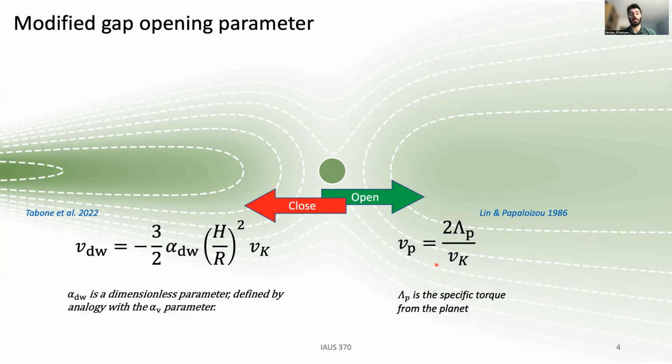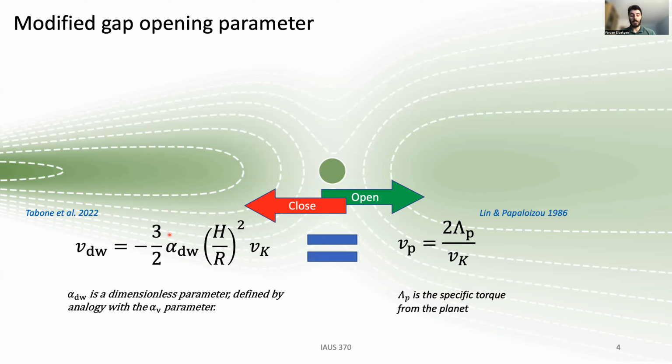In its turn, the MHD disk wind tends to close the gap by resulting in an inward gas flow closer to the orbit of the planet with this velocity v disk wind, in which we have this alpha disk wind dimensionless parameter, which is an analog of the alpha viscous parameter. So the higher this alpha disk wind, the stronger are the magnetohydrodynamical winds, the magnetocentrifugal winds inside the disk.